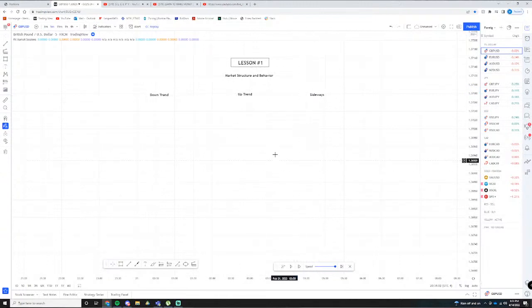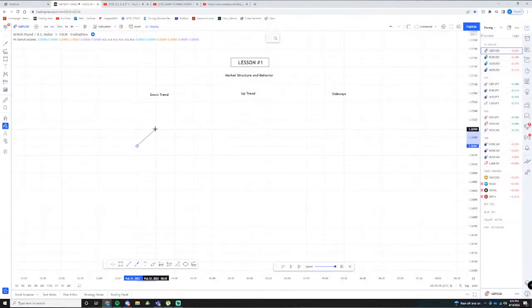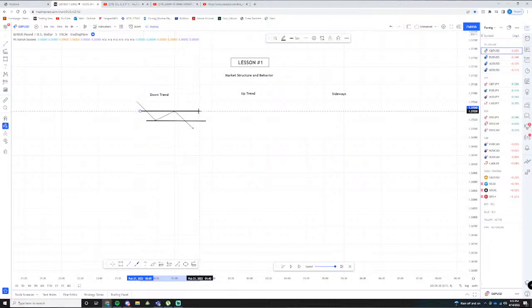Now, what do I mean by those 3 things? From a 9-year-old's perspective, you go to the charts and figure out if the chart is going down, making new lower lows and lower highs.